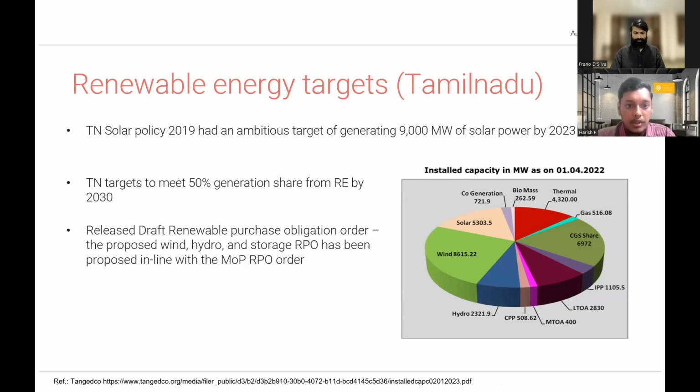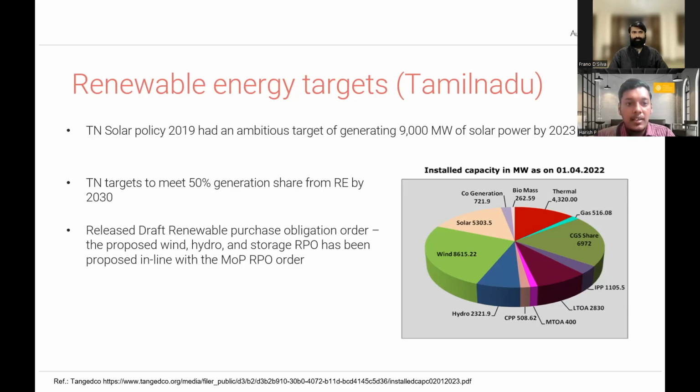Now let's get into a state example. Let's talk about Tamil Nadu. As we can see on the right pane, the pie chart shows that RE capacity holds the major share. Close to 52% of the state installed capacity is RE. However, in terms of generation share, renewable energy accounts for only 21%.